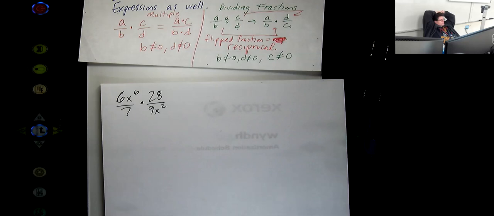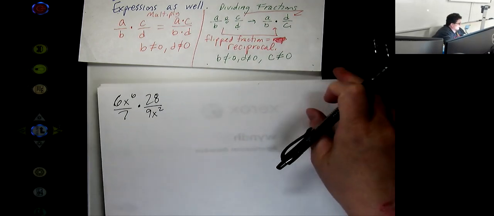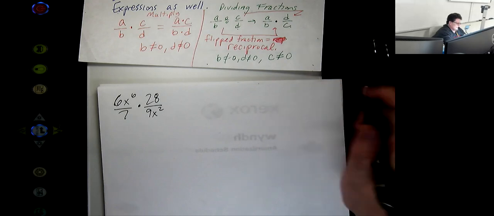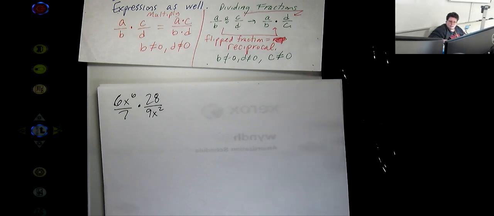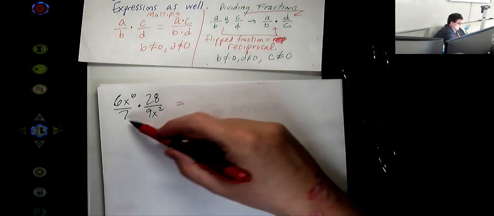Ideally, you want to simplify as you're doing it rather than waiting till the end. I could multiply 6 by 28, but that's going to give a big number, and it's going to be kind of hard to factor. So the strategy I'm going to take is to factor everything as I'm going.